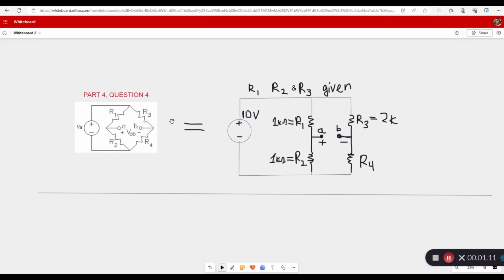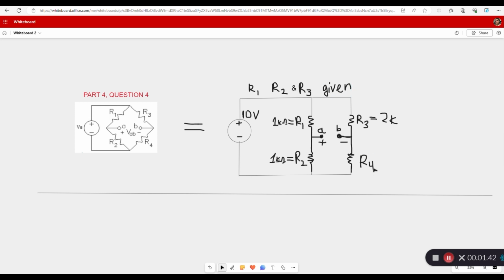So here I copied the original circuit that you see in your lab sheet, and I converted it into the circuit that looks like this, which is exactly the same circuit, but it looks a little bit different. We are provided 10 volts as a voltage source, and R1, R2, R3 values are given.